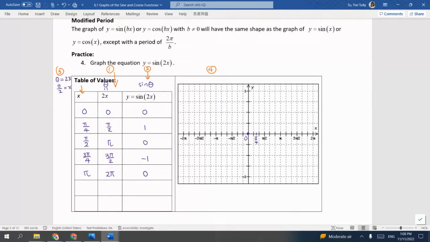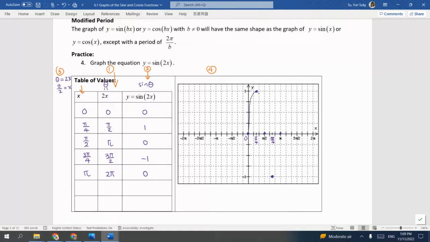And y is 1, which is up there. Next point, pi over 2. Do you see we get 0? Yes, everybody? And then at 3 pi over 4, we get negative 1. That's down there. And then at pi, we get 0, right? Okay, those are the five key points.